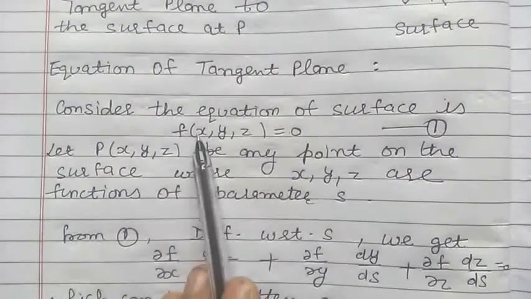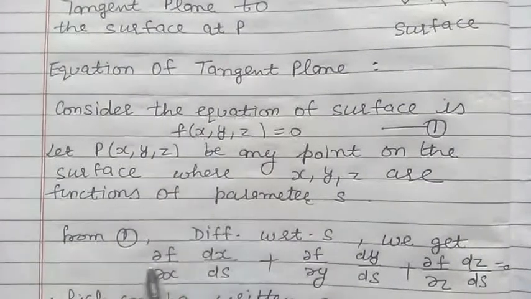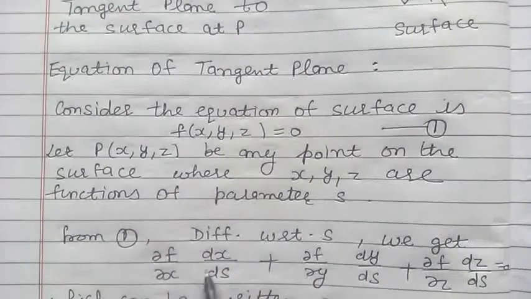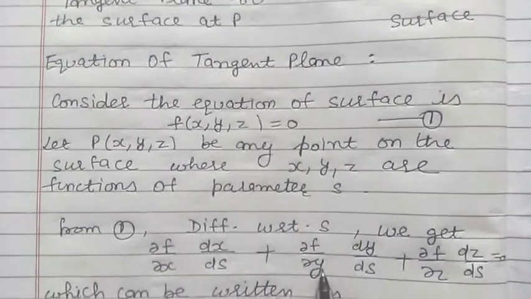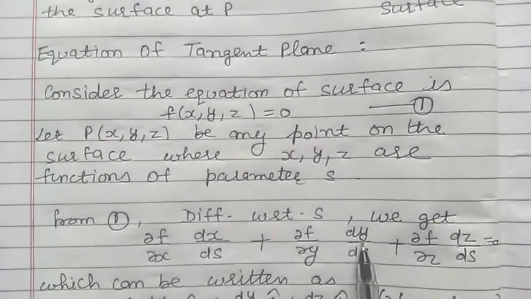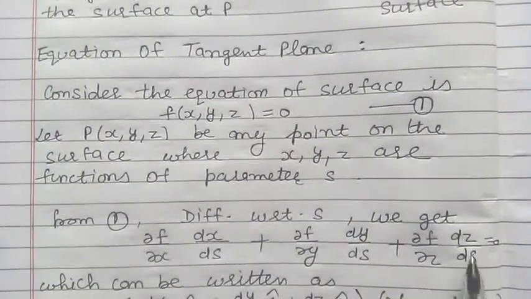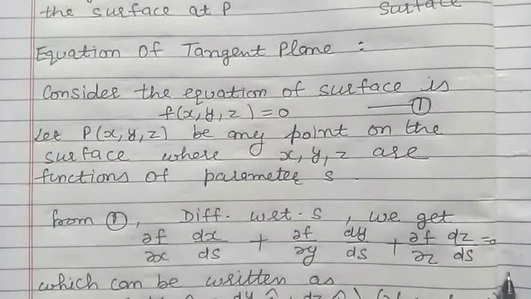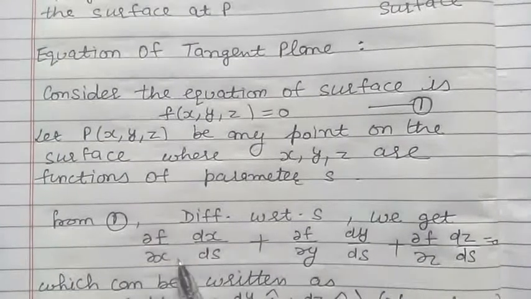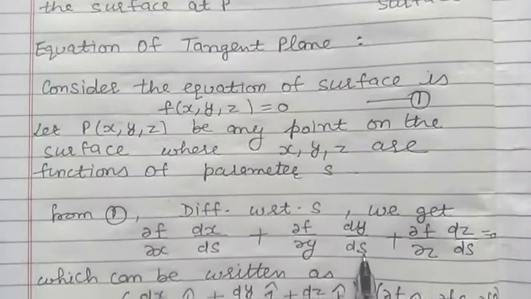If we differentiate this equation, we get ∂f/∂x into dx/ds plus ∂f/∂y into dy/ds plus ∂f/∂z into dz/ds is equal to 0. Now we can write this equation in the form of a vector equation.